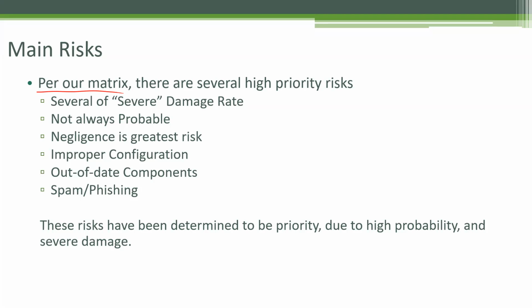Several have severe damage rates, some are negligible, not always probable. You'll basically identify, and I leave that to you, the most likely things, the biggest concerns, and so on. So it's really your recommendations of what should be in place.